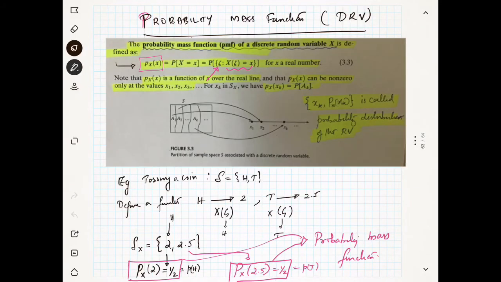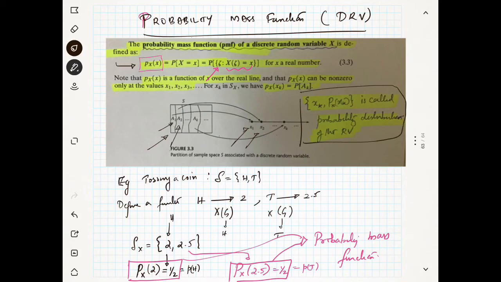Now what I have shown here: if you have a sample space, then I am mapping each set A1, A2, A3 to a real number. Then I can represent the probability distribution of that random variable like this.